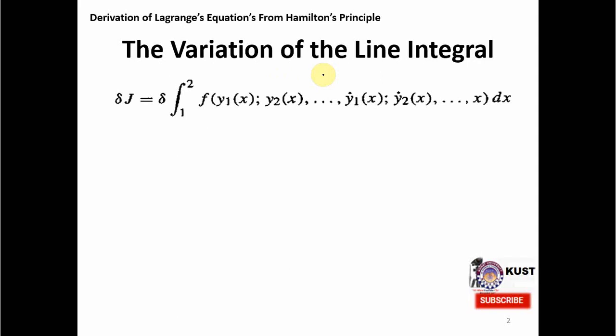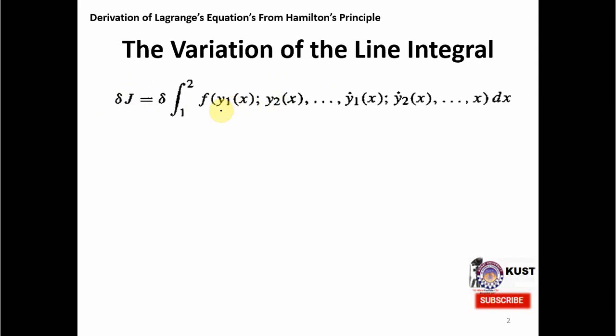as we have done before, but now in this case you can see over here this J, a line integral whose variation we want to calculate, is a function of variables y1 and y2.